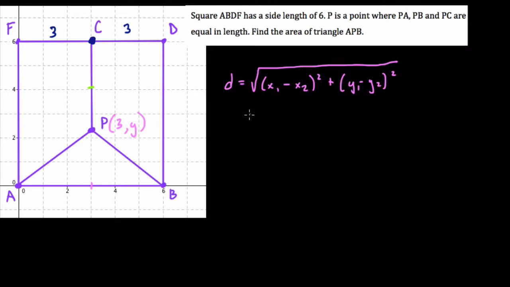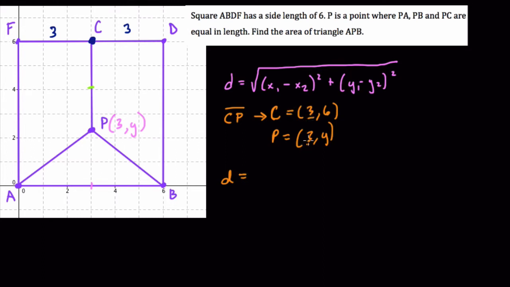So right here we have, for the line CP, what do we know? The line CP has 2 points. Point C, which is (3, 6), so C equals the point (3, 6), and P equals the point (3, y). Now we plug this in, and what do we get? We'll see the difference of our x values.